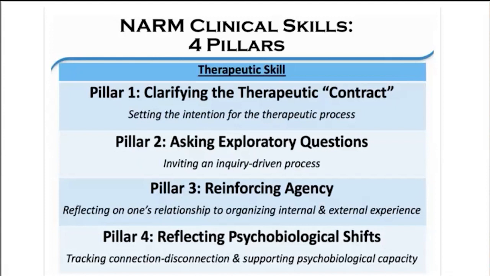And finally, the fourth pillar relates mainly to how we work with the body and the nervous system directly in NARM. How that looks in practice is that if and when we notice shifts in a session toward more connection, more aliveness, more presence in the client, we immediately pick that up, reflect those back to the client, and help the client notice those shifts, and then take some time with them.